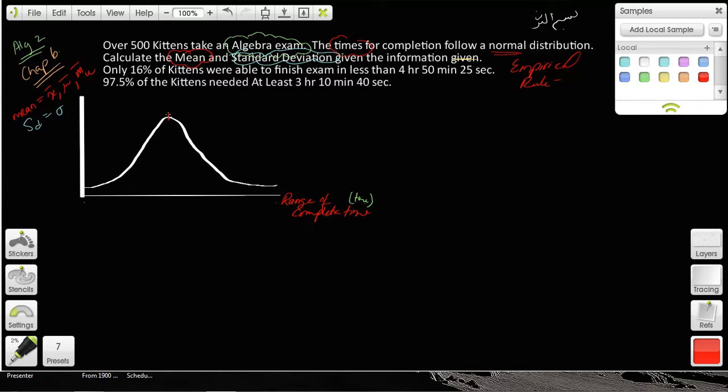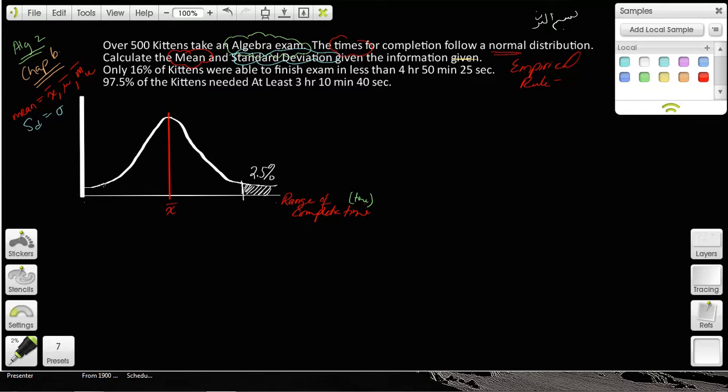We are told that the time to completion follows this type of curve shape, so that's how we know it's going to be like this. This is going to be the mean over here. Now, to understand the information given, we have to make a pseudo graph. Remember, the way we did this is we cut off part of the graph over here, and we said 2.5% of the data falls there.